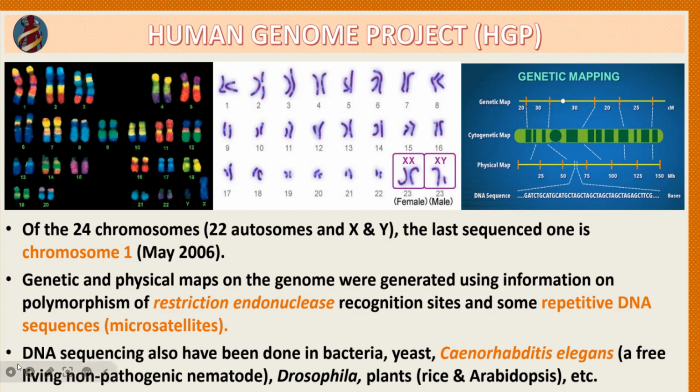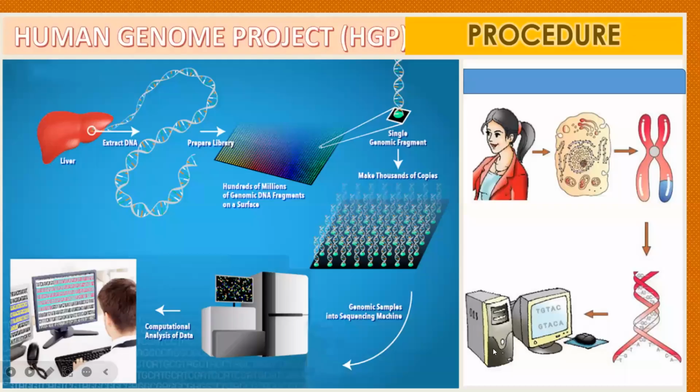DNA sequencing has also been done in bacteria, yeast, and C. elegans. C. elegans is a nematode. Drosophila, what is the other name for Drosophila? Fruit fly. Okay. Plants like rice and Arabidopsis. This is the procedure.